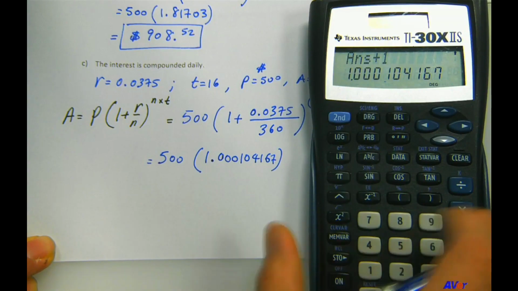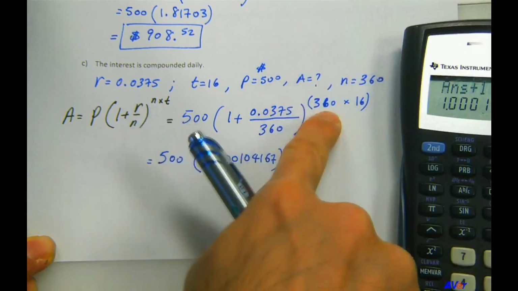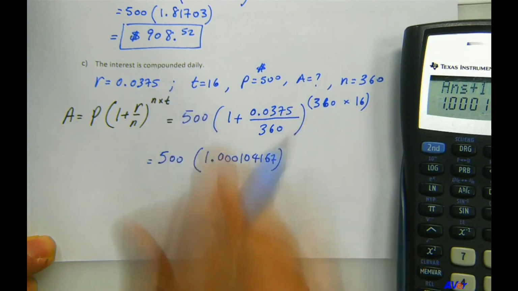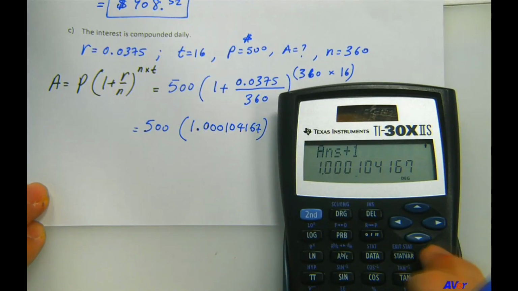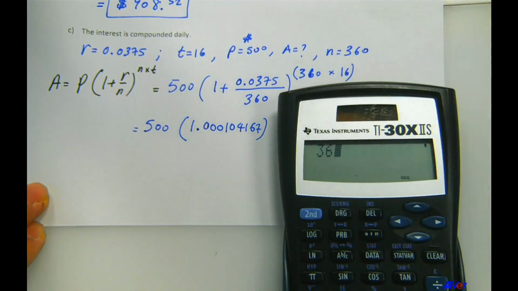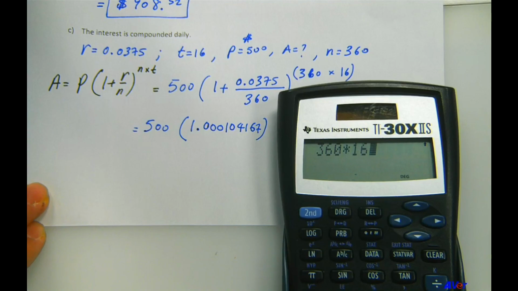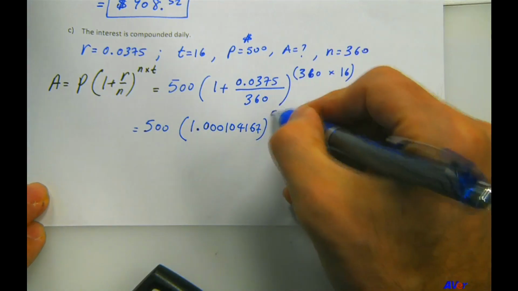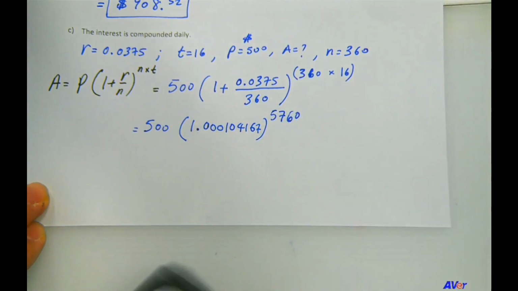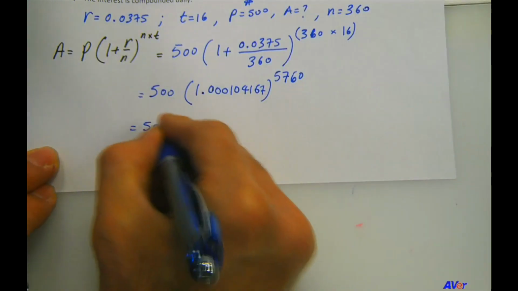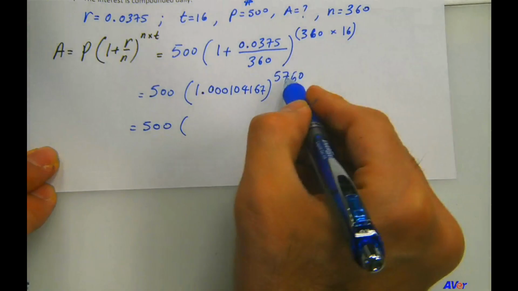Raised to what power? 360 times 16, right? So let's calculate that. So what is that quantity, 360 times 16, we have 5,760, right, as the power. Okay, so the next step is for us to figure out this quantity raised to that power.